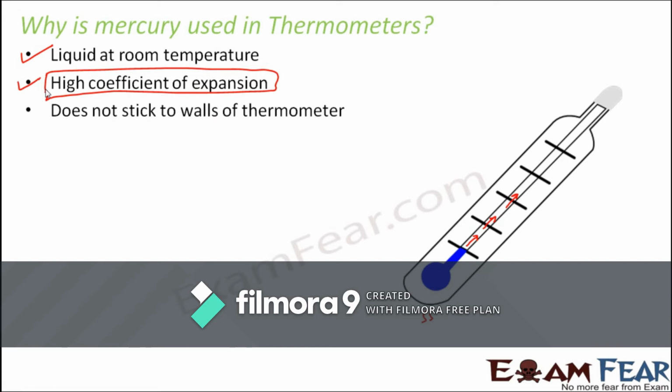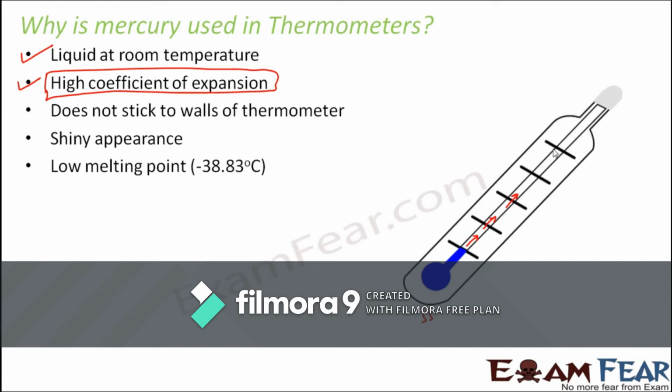Besides this, it has a property that it does not stick to the walls of the thermometer. If it starts sticking to the walls, it will not be able to flow along the length of the tube. That is also another important thing. It has a shiny appearance which makes it easier to read the thermometer, because that shiny line can be seen distinctly. It has a low melting point, somewhere around minus 38 degrees Celsius, and a very high boiling point.